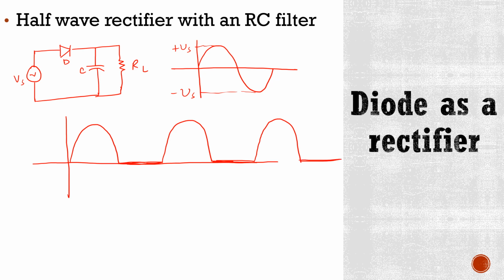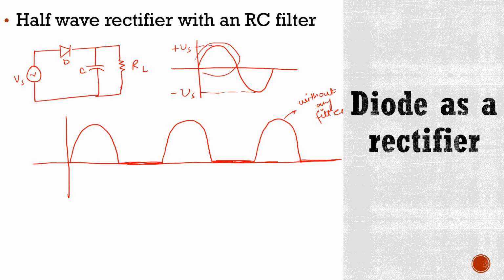Okay, this is the output waveform of a half wave rectifier without any filter.